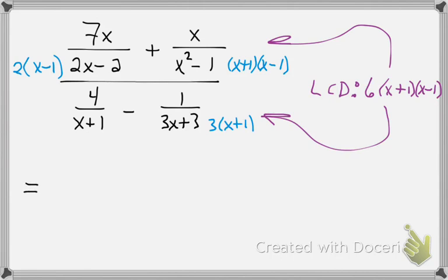All right, so we got a little bit more going on here. Mathematically, it's the same as what we've been doing, but there's a little bit more to consider. With my first term, what is canceling out? An x minus 1, and the 6 is reducing to 3. So I've got a 3 and an x plus 1 times a 7x.